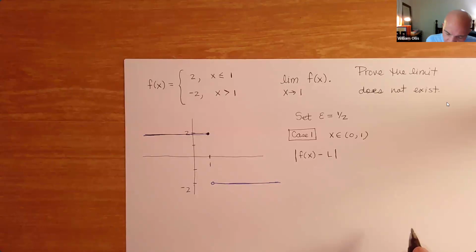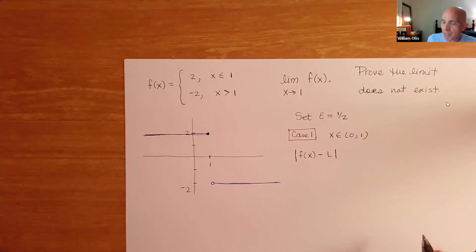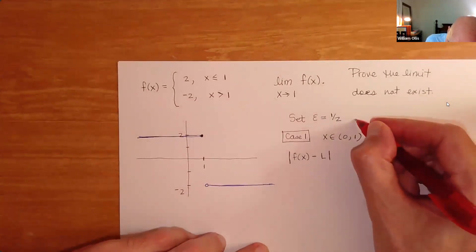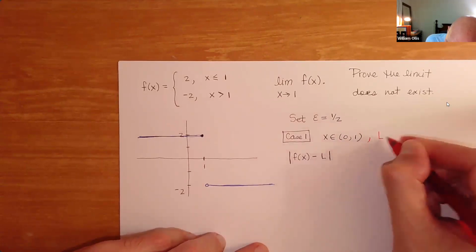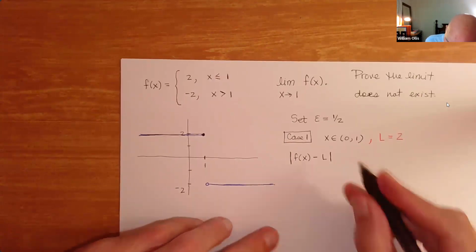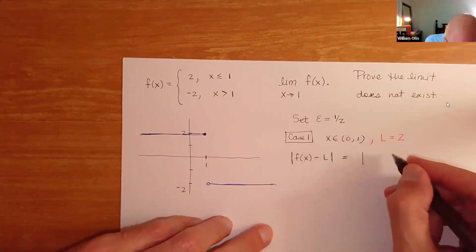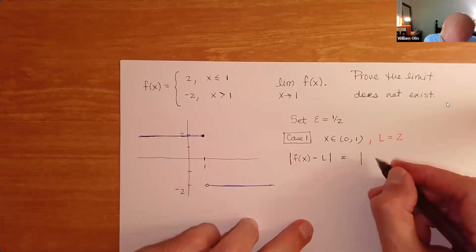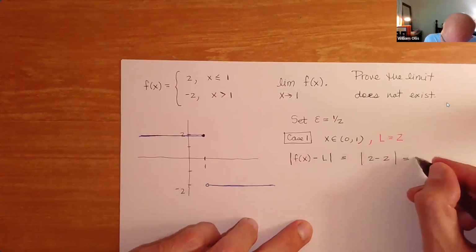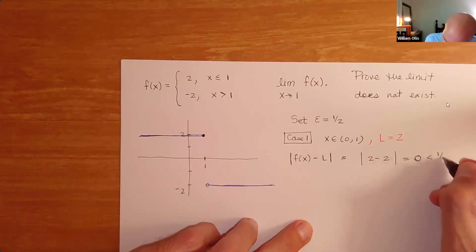So here, when we look at this particular case, the only option for the limit would be 2. So I'll put this in red. I'll just say, in this case, L equals 2. So on this side, we have 2 minus 2, which equals 0, which is always less than 1/2.